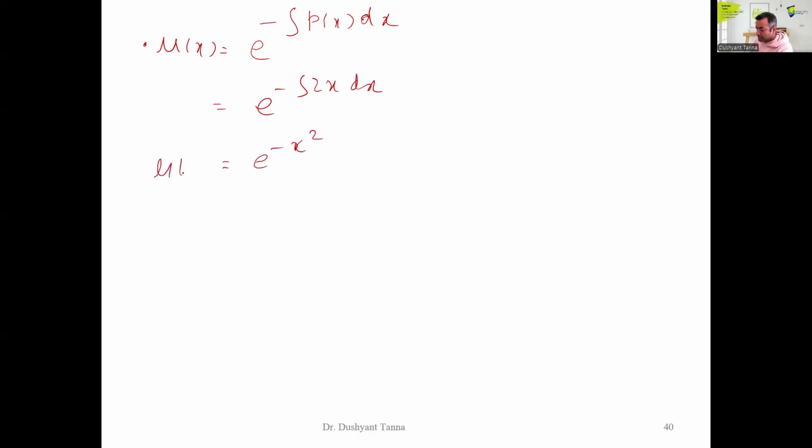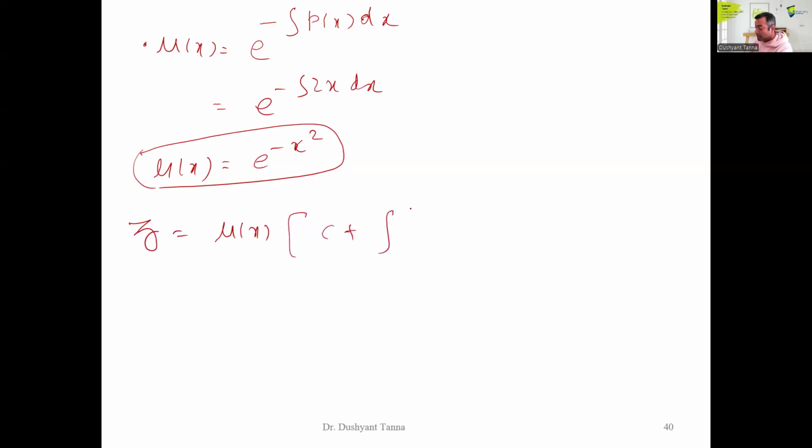And it can't be simplified, that is my mu. My z with mu x, c plus integration of q, very small q, over mu x dx.